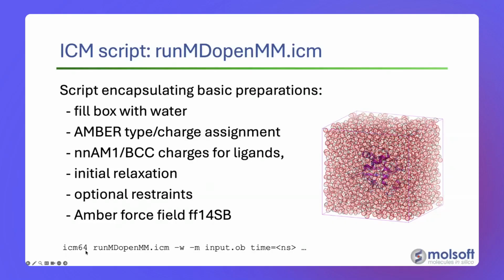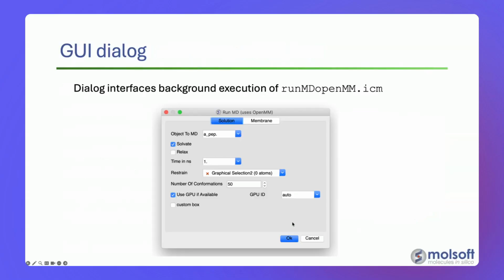So basically, to run it on the command line as a script, you call ICM, you call the script run md openmm.icm, and then there are some arguments for waters and other arguments you input, such as an ICM object, and the length of the MD simulation you want to run. In the GUI, we have exactly the same options.